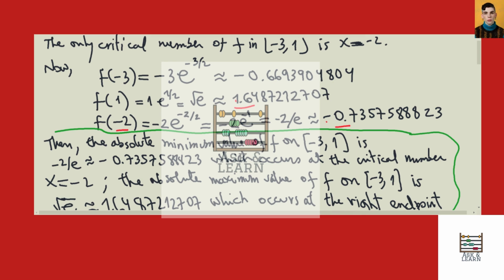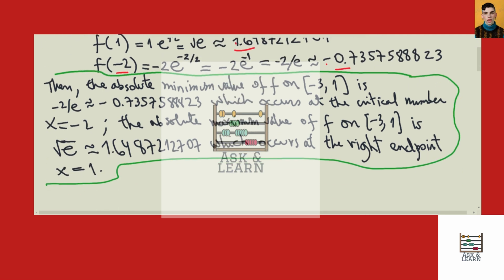And the smallest of these values, which is then the absolute minimum value of the function over the given interval, is -2/e, which is about -0.7357538823, and it occurs at the critical number x equal -2. And so this is the final answer.